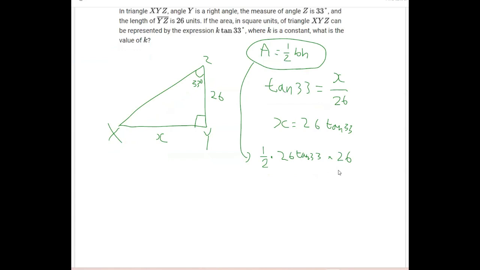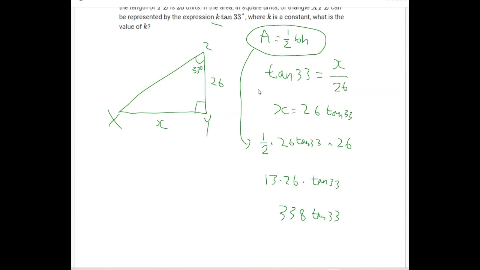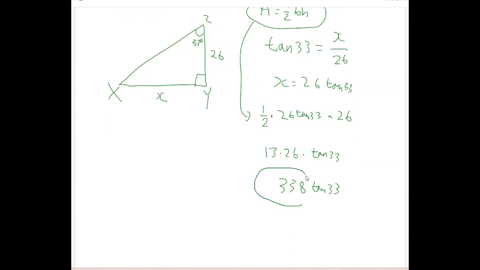So what is 13 times 26 times tan 33? That is equal to 338 tan 33. And it says we're looking for the expression K, right? So 338 is our correct answer.